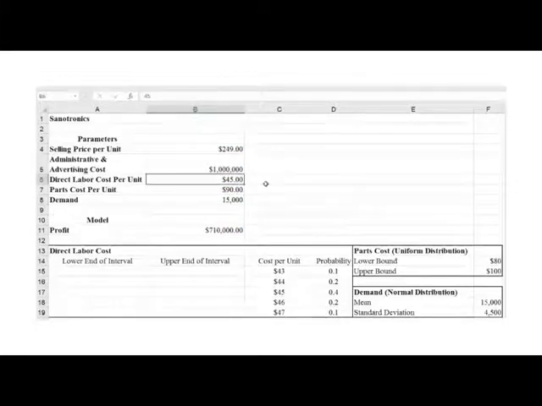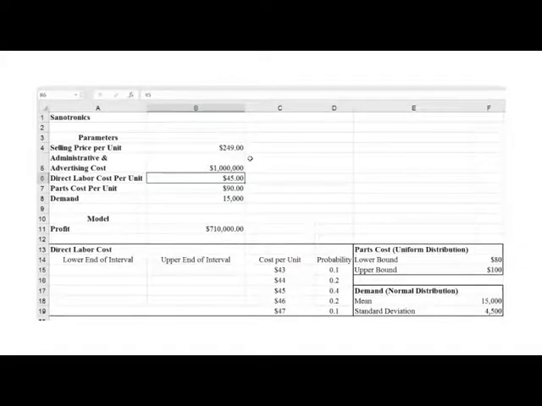The next steps are to replace the direct labor cost per unit, the parts cost per unit, and demand with random values according to the distributions rather than fixed values. In the current spreadsheet, direct labor cost per unit is entered as $45 exactly. However, we know that this parameter is not known with certainty.